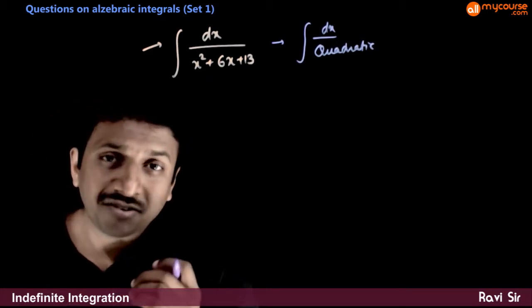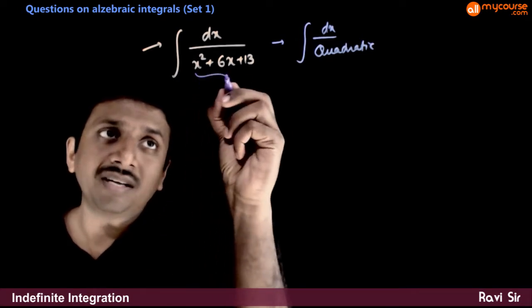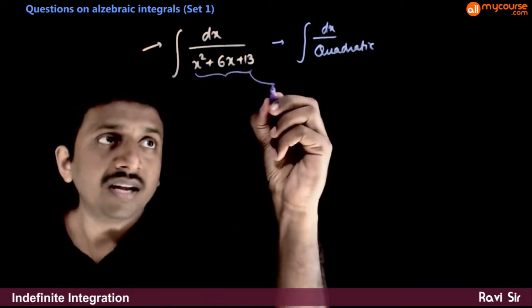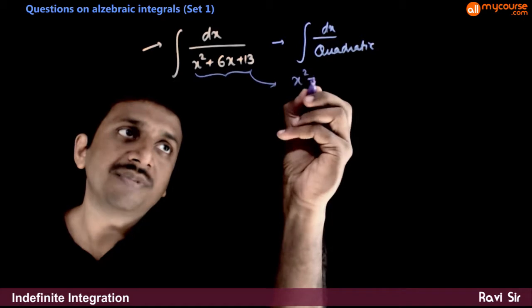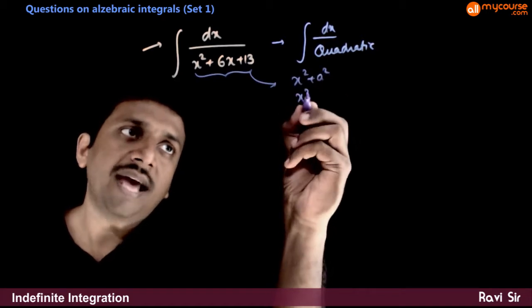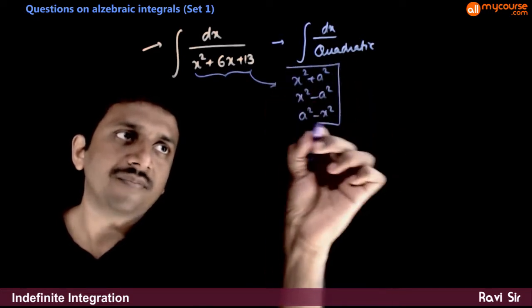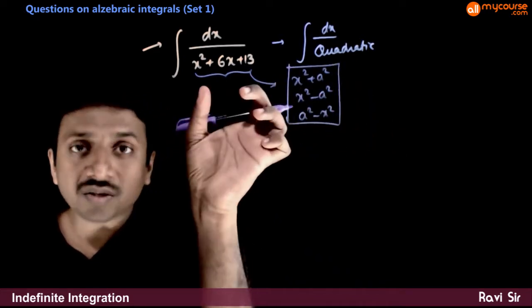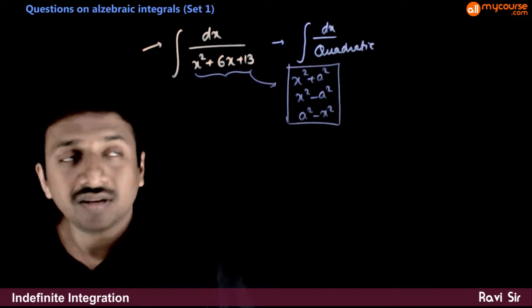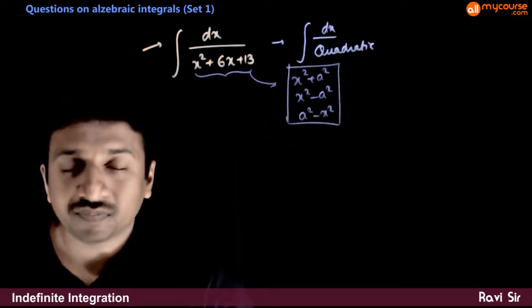So the trick is to convert this quadratic into one of these forms: x square plus a square, x square minus a square, or a square minus x square. If you can convert this quadratic into one of these forms, then you can apply the formula.